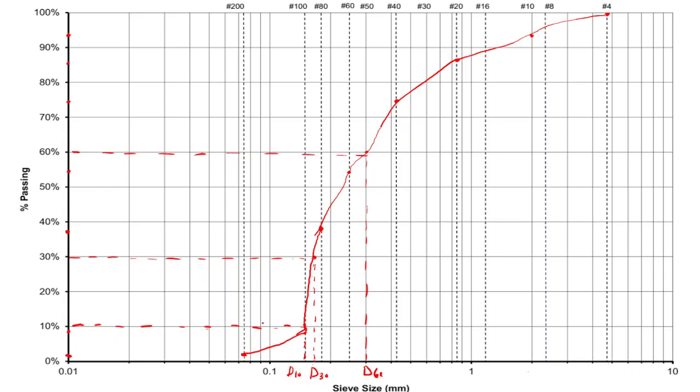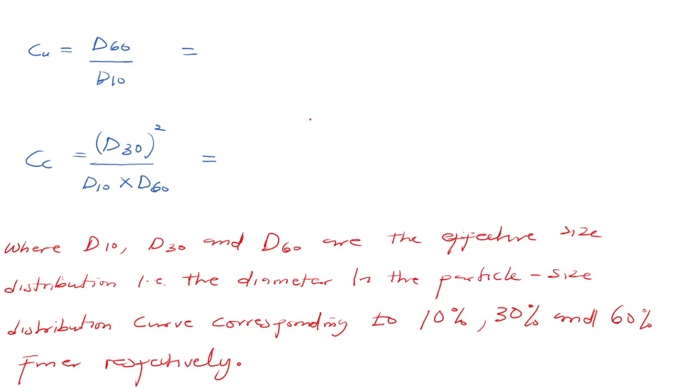So that is it. So now the value for our D10 is 0.15. Let's put it here.